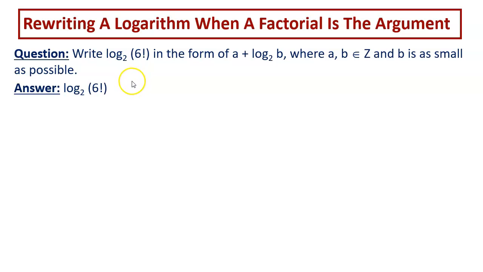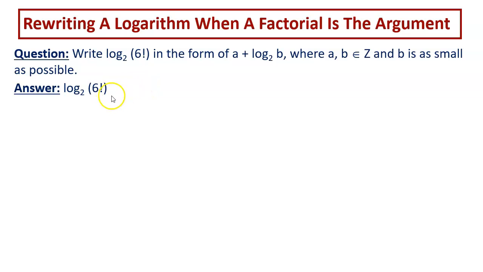I think there are at least two videos on factorials: what factorials mean, how they are expressed, and some simplification and some questions on factorials. Maybe I'll be giving you the link to one or two of my factorial notation videos as cards.